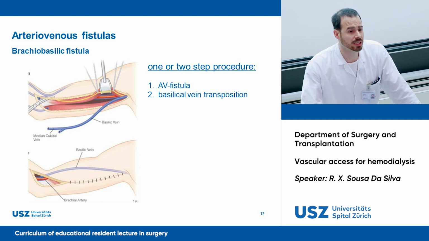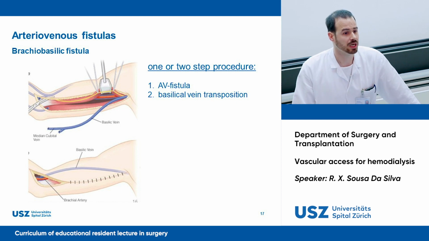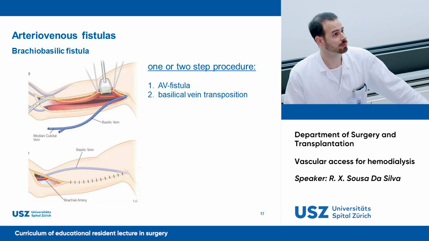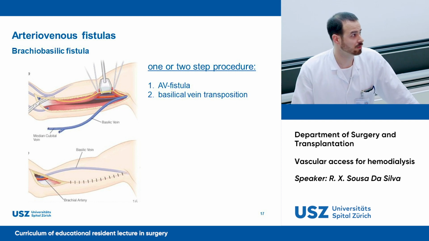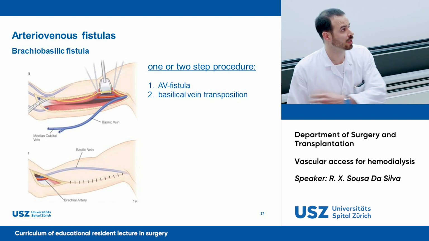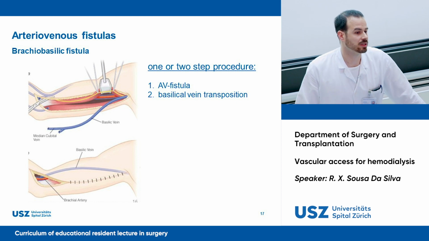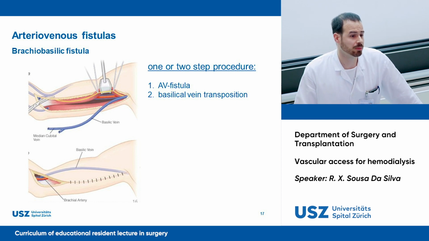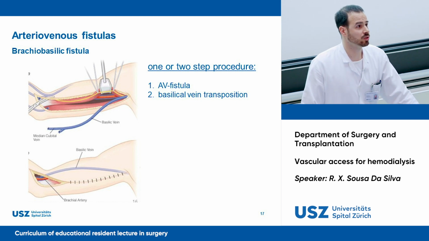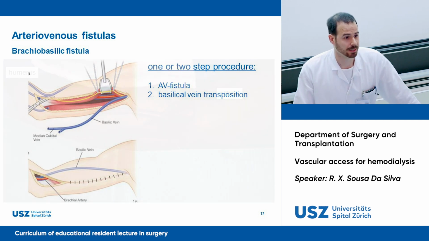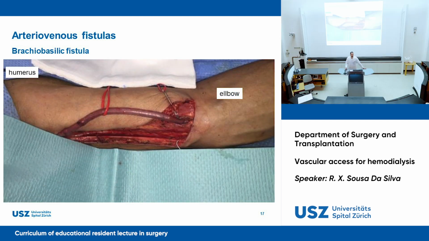Here in our clinic, we prefer the two-step procedure, meaning first you create an arteriovenous fistula, and only if maturation is there, you perform in a second step the basilic vein transposition to anterolateral. This is because it's the more traumatic part of this operation, and if there is no maturation, you did it all for nothing. Here also a picture intraoperatively where you see how it's done.